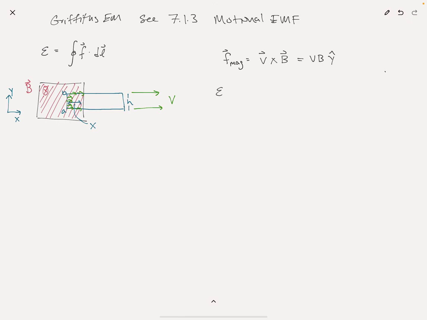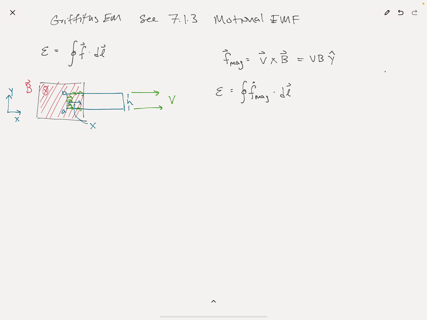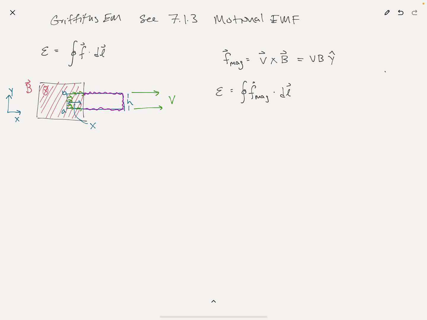Great. Then I can calculate the EMF by integrating that magnetic force over my whole loop. I have to do my whole closed path here, but the part of the loop outside of the magnetic field contributes nothing, because there's no magnetic field there, so the magnetic force is zero.